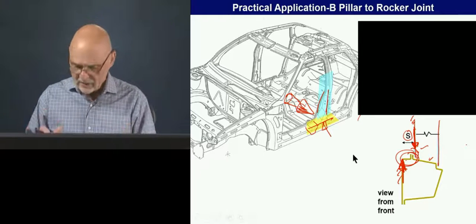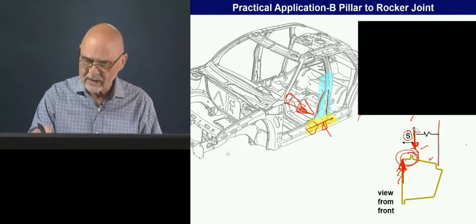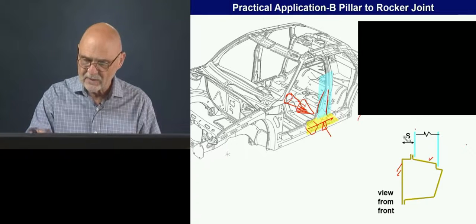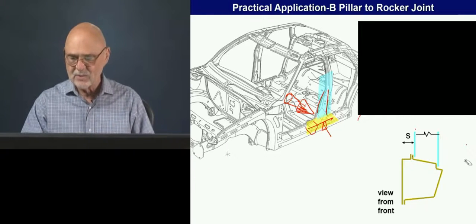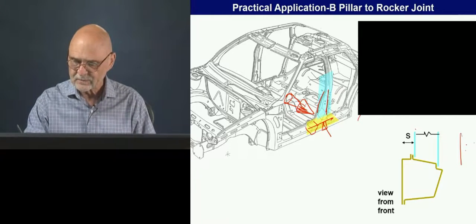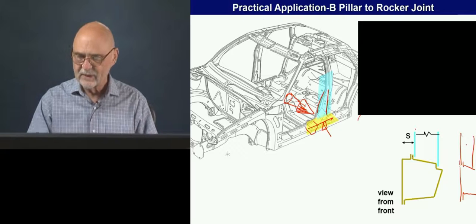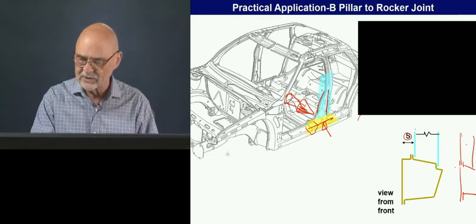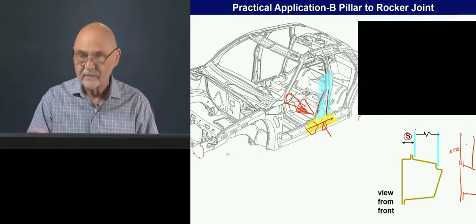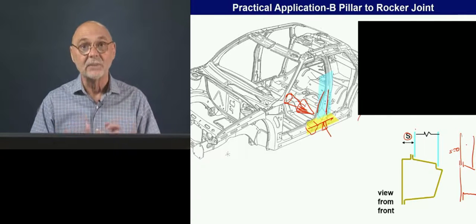So we have a couple of questions that we might ask. We know the best case would be something like this, where this is all coming together at the same point. So we've made S equal to 0 here. That's the ultimate.